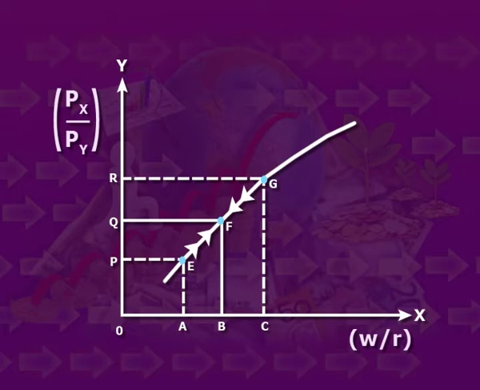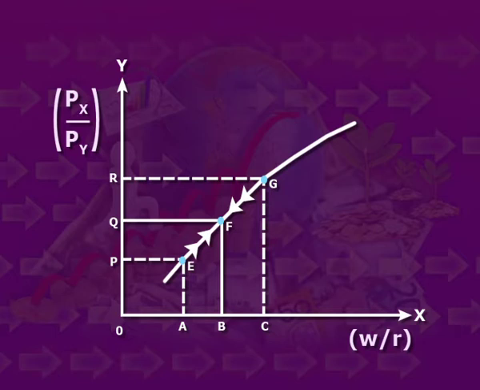In the autarky situation, nation B is at point E with OA relative factor price and OP relative commodity price. Similarly, in the autarky situation, nation A is at point G with OC relative factor price and OR relative commodity price.